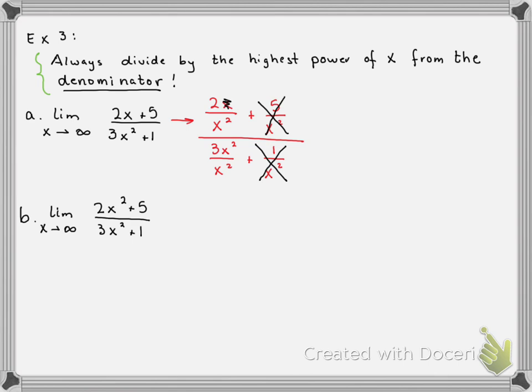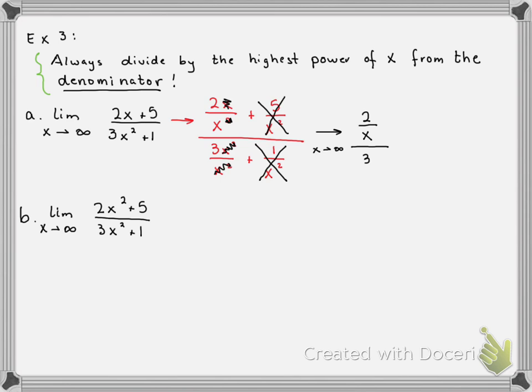That x takes that one away, and x squared and x squared cancel out. What we're left with here is 2 over x, and this again is the limit as x is approaching infinity, 2 over x all over 3.